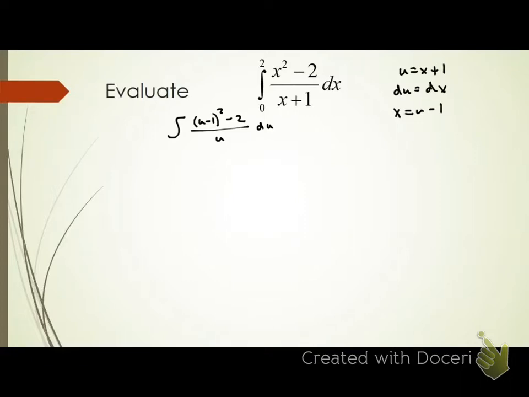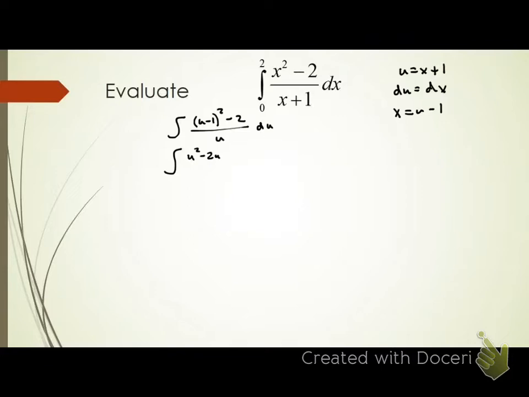Okay, what do I do next? Maddie, what should I do next? How do I simplify it? You're right. Square the binomial. Let's square that binomial. So that becomes what? u squared minus 2u plus 1 minus 2.